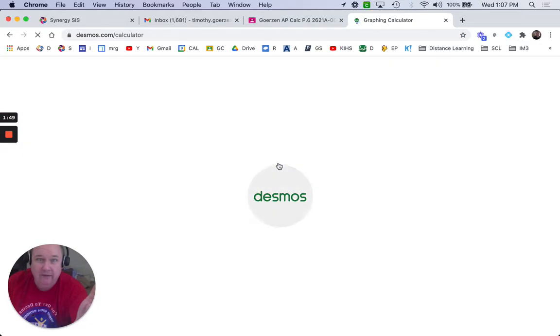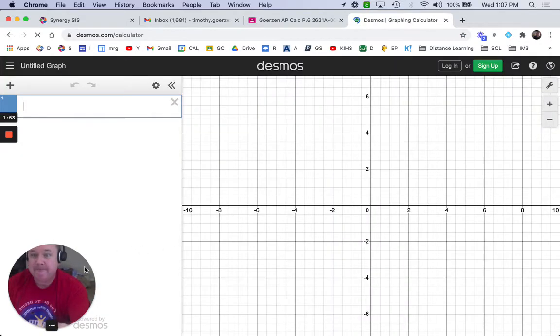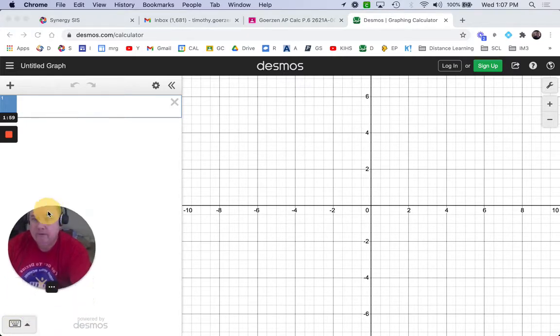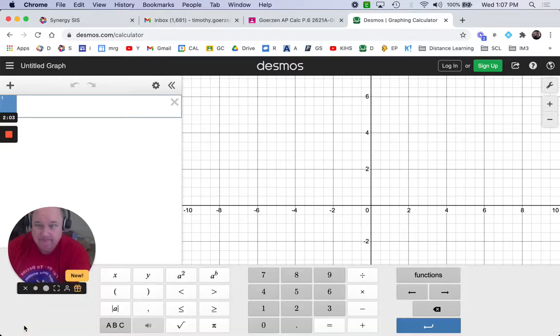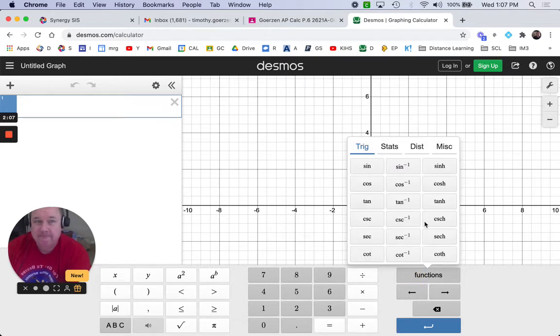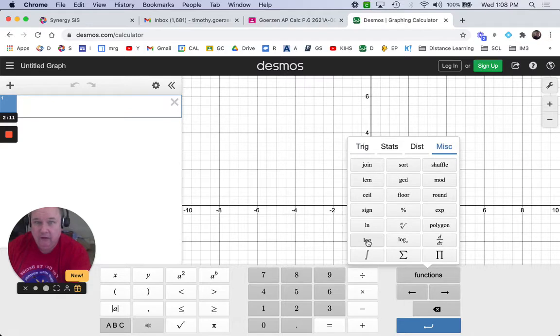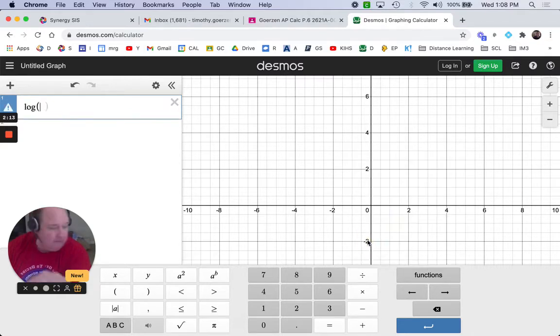Now, when you go to Desmos, you're going to have to click on the keyboard. There it is. Click on Functions. Click on Miscellaneous. And then you'll see log here. So type in log, and it's log 80.